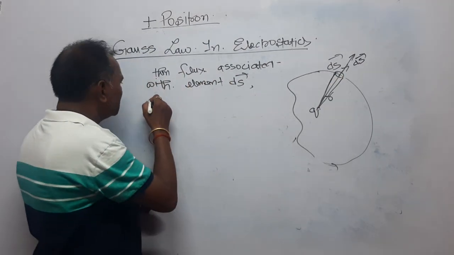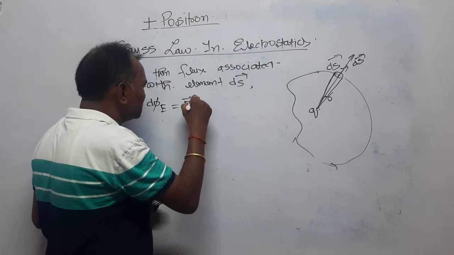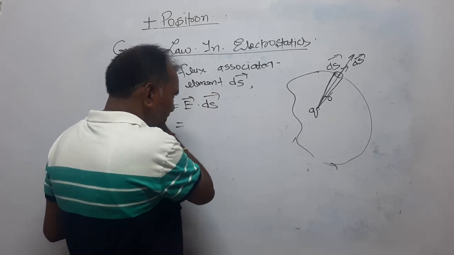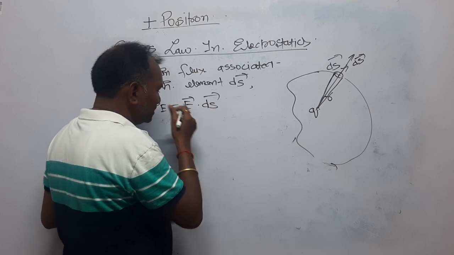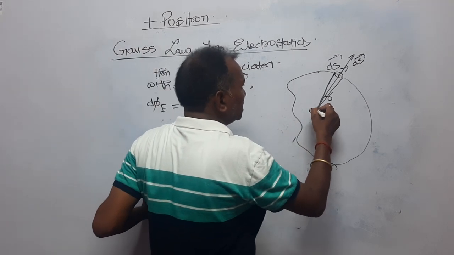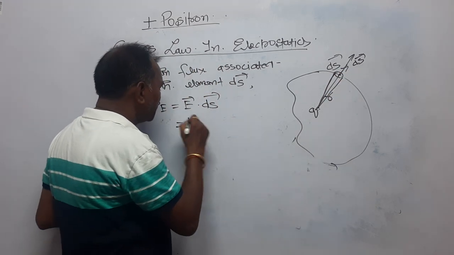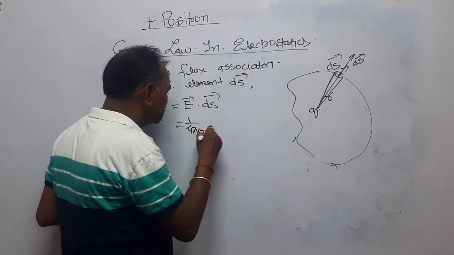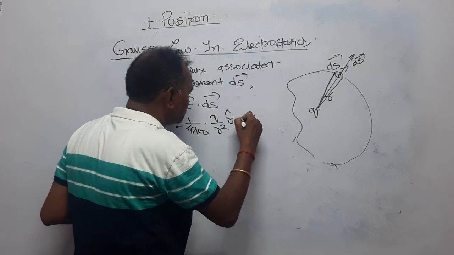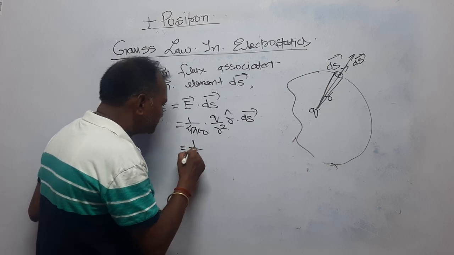Then d phi E is equal to E dot ds. E is what? The field due to charge Q at this point. What is the field? That is 1 upon 4 pi epsilon naught Q upon R square R cap dot ds. You might write like this.